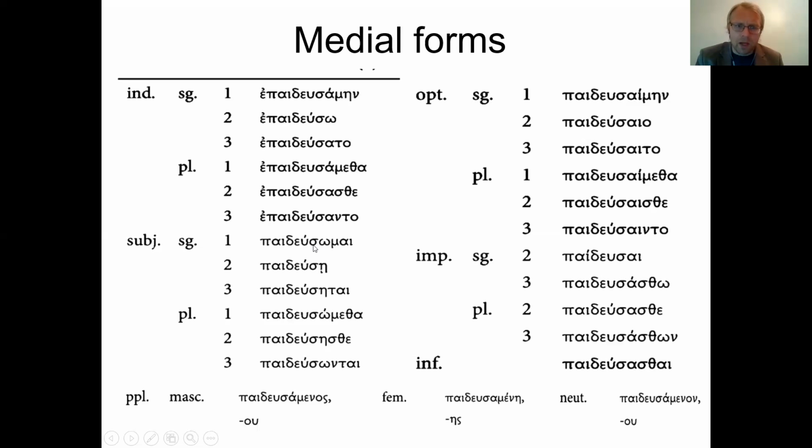So here again we have the case that the aorist subjunctive is distinguished from the present subjunctive merely by the presence of this sigma infix. So for instance, the first person singular medio-passive subjunctive of paideuomai is of course paideuomai, and in the aorist it's then just paideusomai. So there's only this sigma infix which sets them apart.